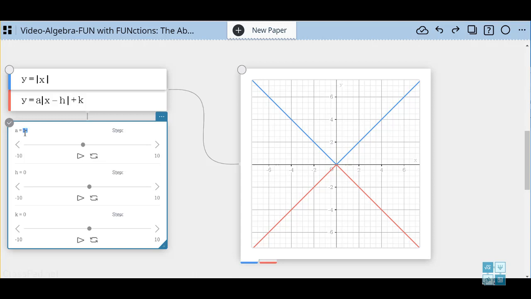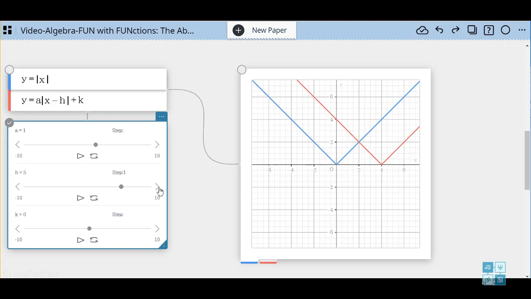So let's reset our value of a to 1 and explore what happens when we change the value of h. So what I'm going to do here is enter a step of 1, and every time I click on the arrow, we are going to increase the value of h by 1, and notice what happens to the graph.